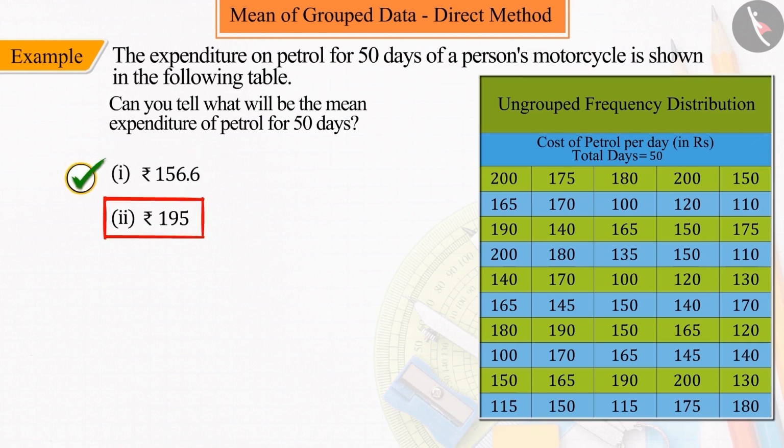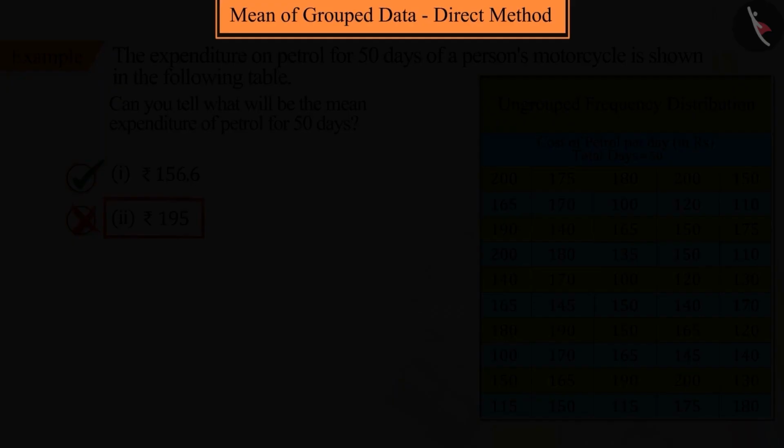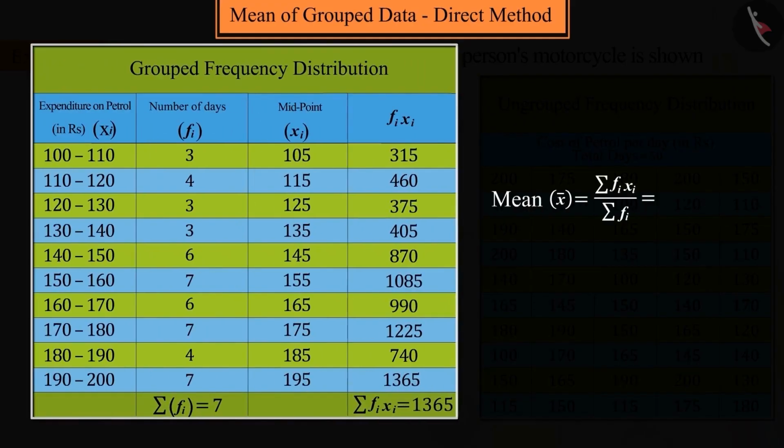If you have selected option 2, then it's a good try. But this is an incorrect answer. Because while finding the value of mean, you have not taken the values of summation of Fi xi divided by the summation of Fi. Instead, you have taken the maximum value of Fi xi, which is 1365, and the value of the corresponding Fi, which is 7.